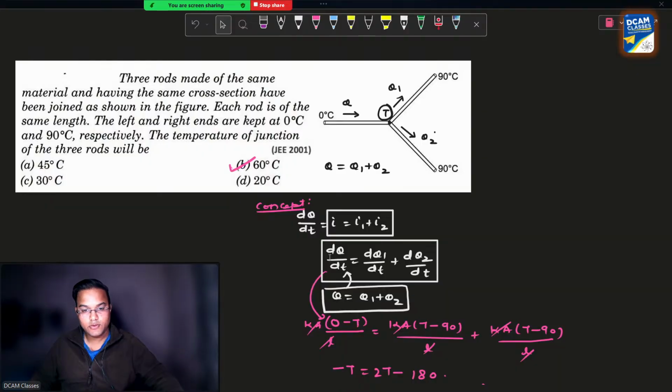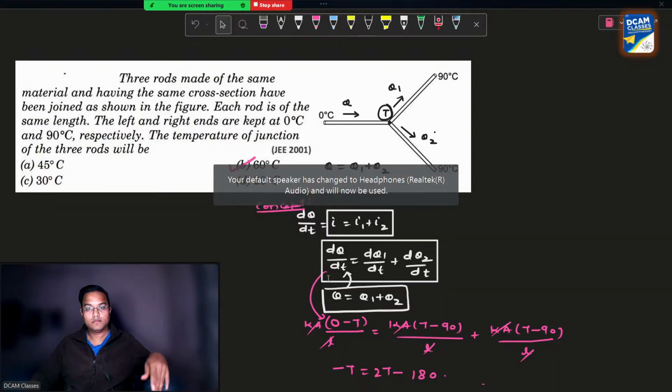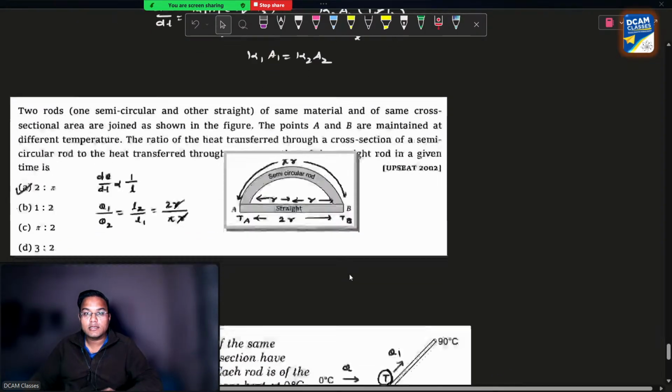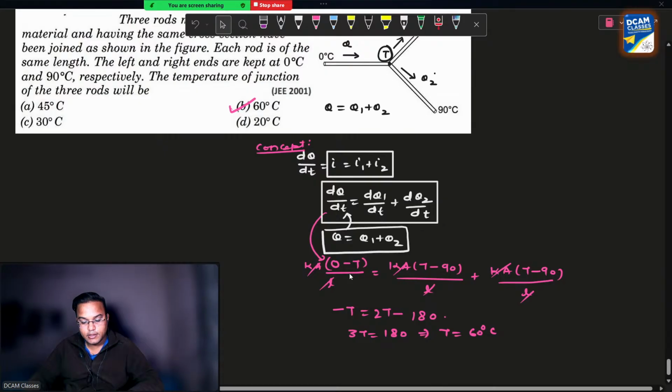Now I'll be telling you series and parallel connection. Series and parallel cases in heat and mass, hence in conduction.